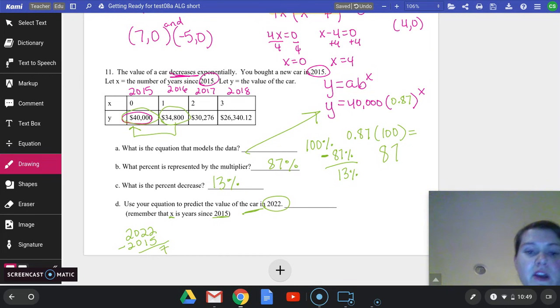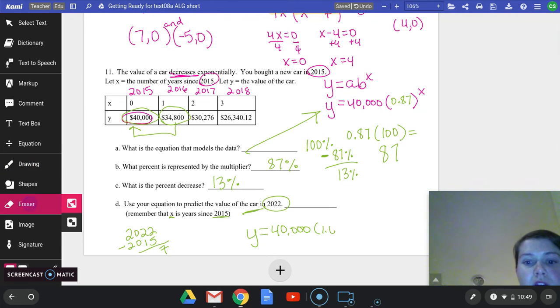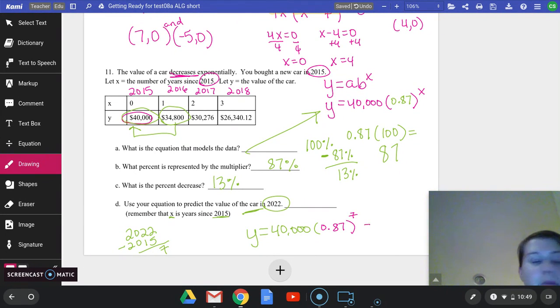I think it's 7 years, right? So then I'm going to plug in 7 for x. No, it's 0.87, thinking of the problem we did earlier. All right, so 0.87 to the 7th power.